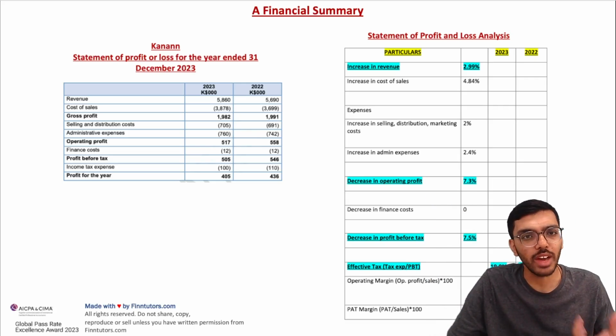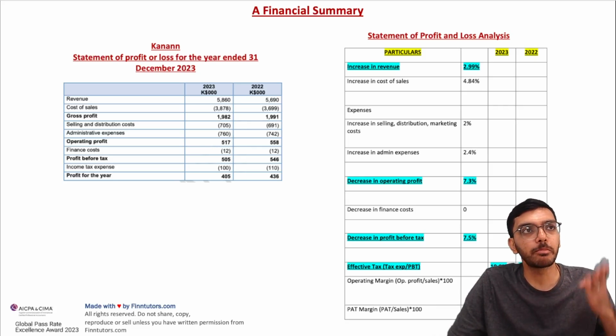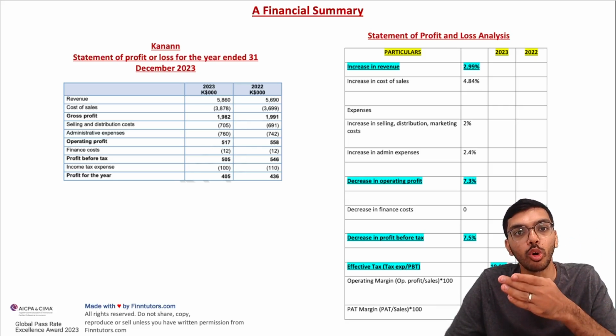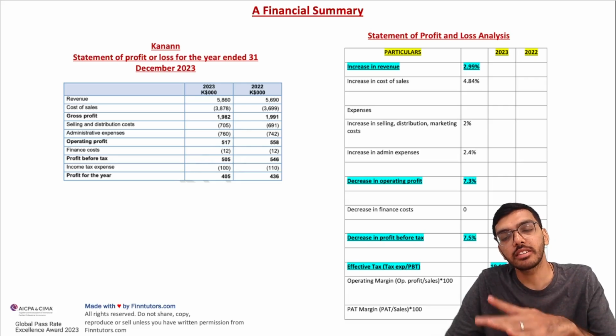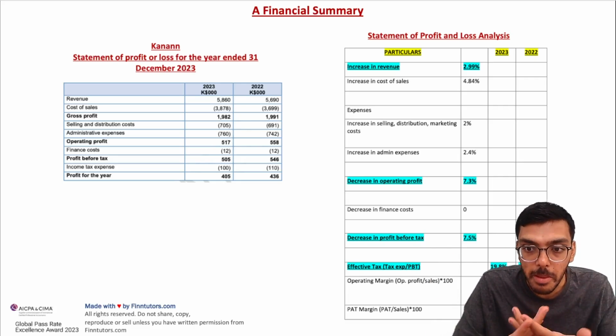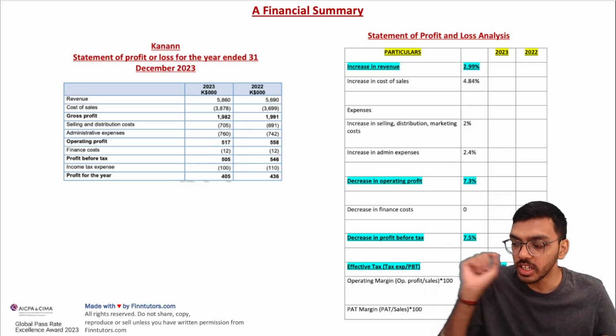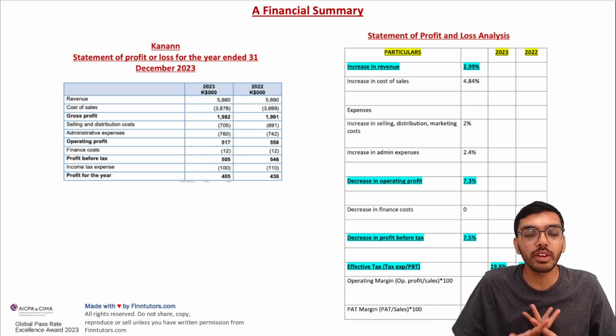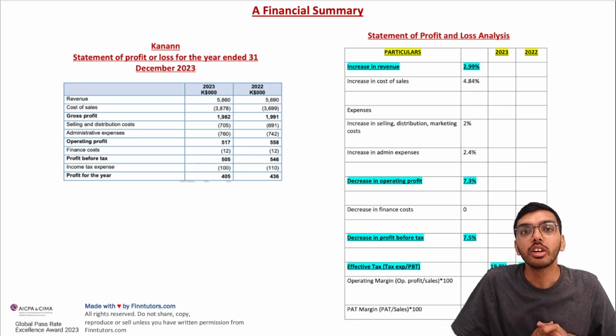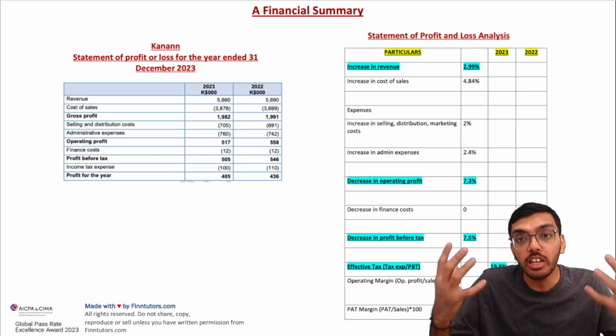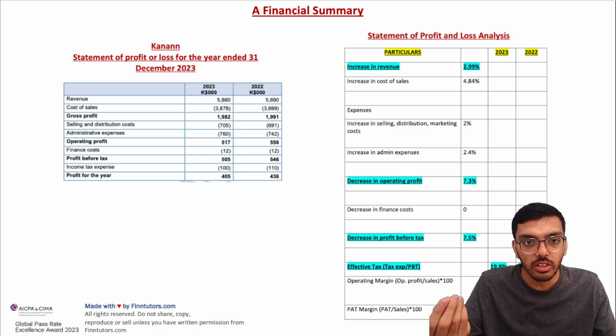Because it's very difficult to remember revenue went up from 5690 to 5860. It's very difficult to remember that, right? So that is why we have created percentages for you, so you can make sense of it, understand it, remember it and use it in mock questions.